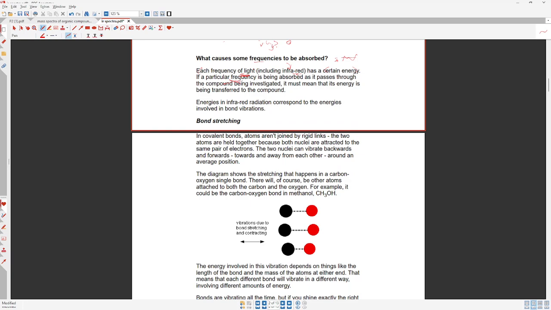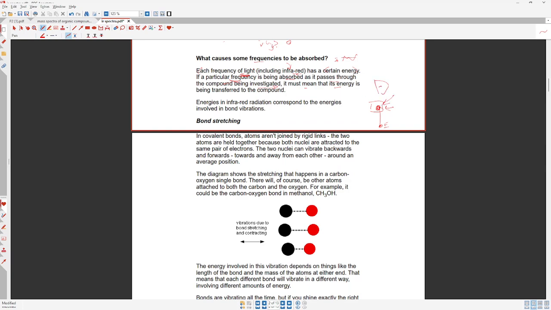If particular frequencies are being absorbed as light passes through the compound being investigated, it must mean that energy is being transferred to the compound. So if we're investigating a compound by shooting infrared at it, and we see that an infrared wave with a specific amount of energy gets absorbed, that means the energy is being transferred into it, right?